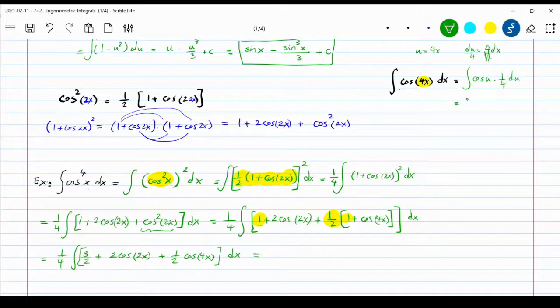Then the integral simply becomes 1/4, this can come out, and write cosine u du. What is the integral of cosine? It is sine u plus some constant. So what is the u? U was 4x.